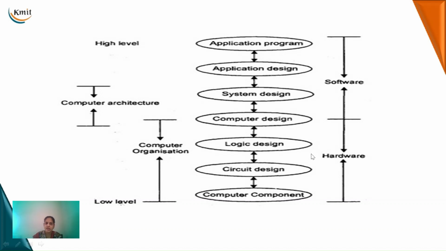The computer components, circuit design and logic design together form the low level design, whereas the system design and application programs together form the high level. So computer architecture is about the system design and computer design, whereas computer organization is about the hardware components and their interconnections.